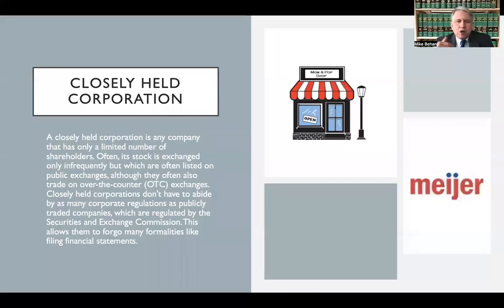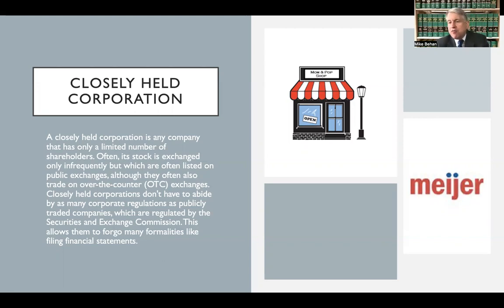The closely held corporation or privately held corporation is the corporation that has a limited number of shareholders, and the stock is not publicly traded on a national stock exchange.